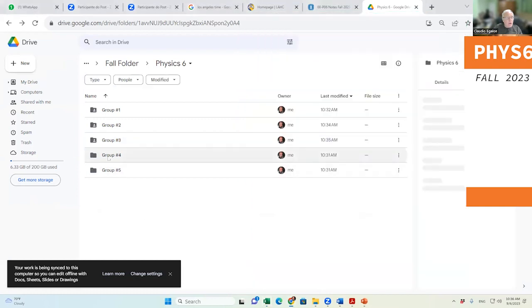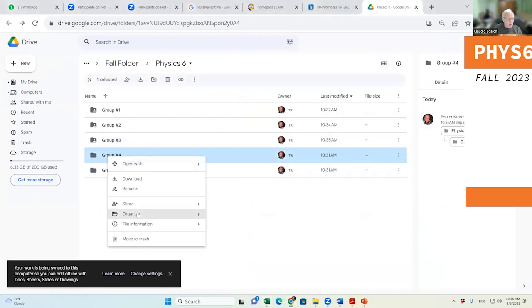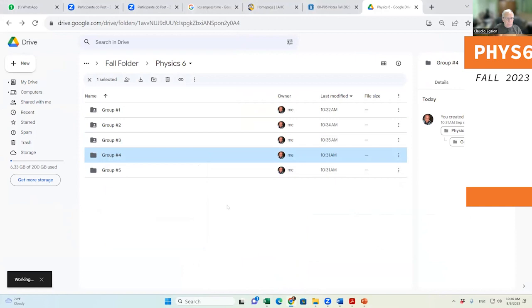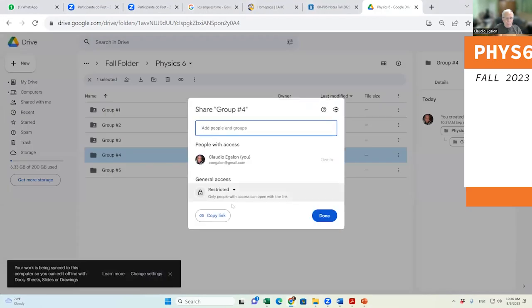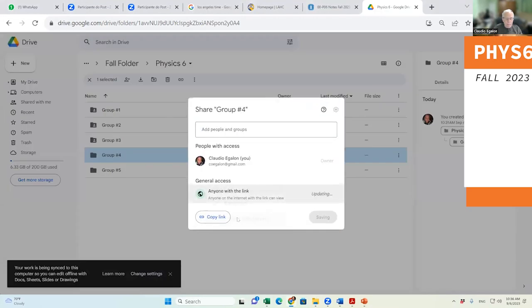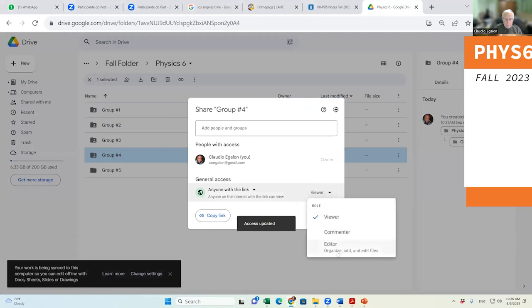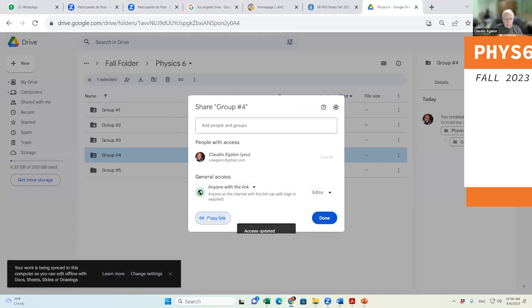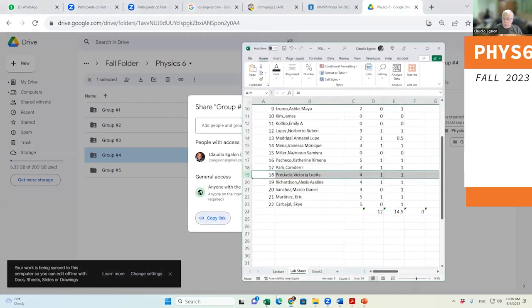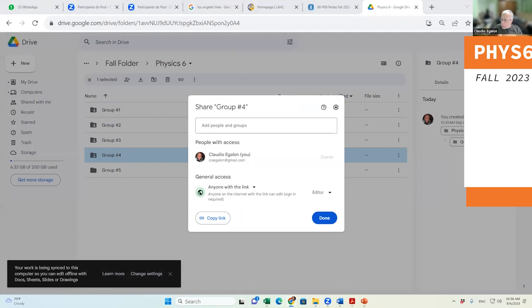Next is going to be Victoria, group 4. Editor. Okay, Victoria, I'm going to send you the link to your group. Victoria Preciado.